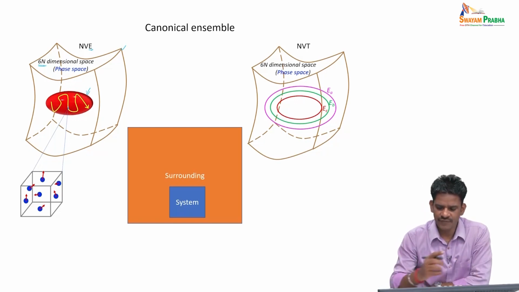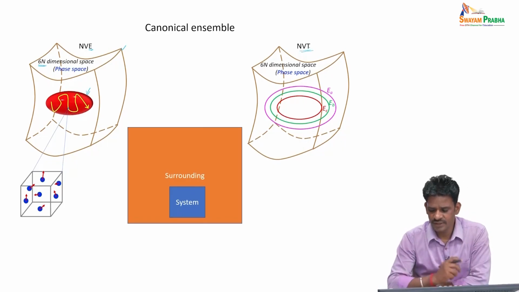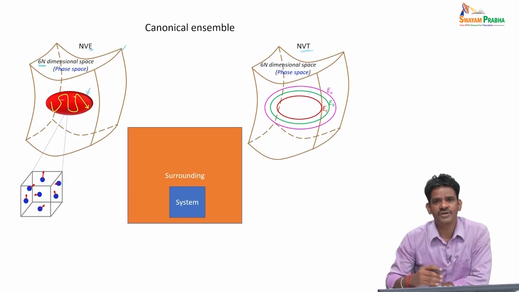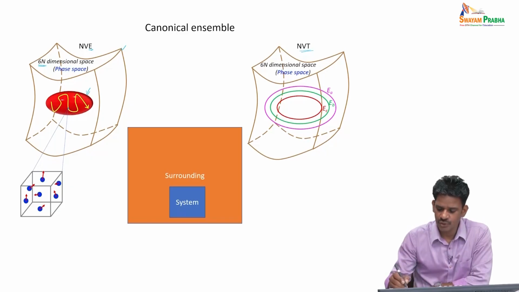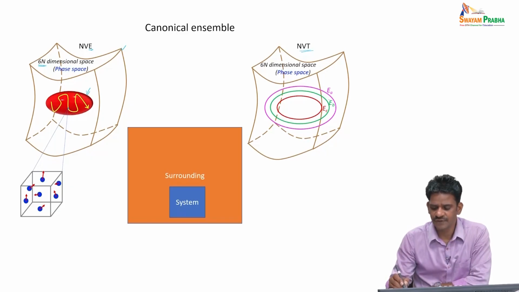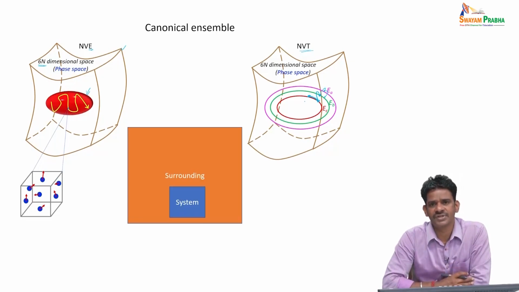On the other hand, when we look at the NVT ensemble, where the temperature is being held constant, the system can actually jump from one energy level to another. Here I show different ellipses, each corresponding to a different energy state. You might start with the system sampling along the surface of this particular energy, but once in a while it makes transitions to other energy levels and keeps visiting different energy levels, so that the energy fluctuates while the temperature is kept constant.